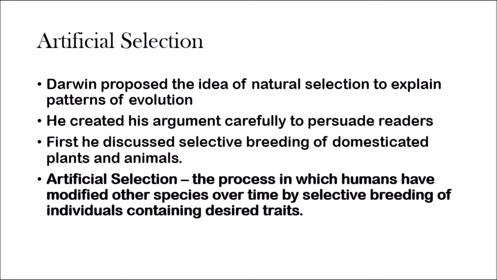So that's artificial selection. At the time that was being practiced, so Darwin was saying, just like how humans use artificial selection in order to create domesticated plants and animals, nature itself also uses a similar process, natural selection, and that's how species evolve. And that really helps convince some scientists that yes, natural selection is the way evolution works.